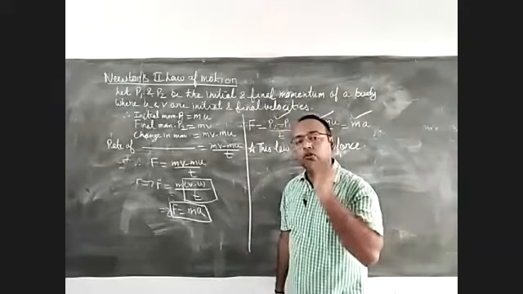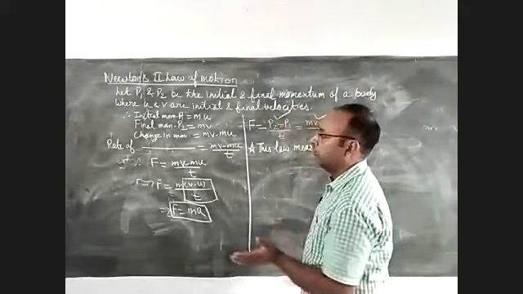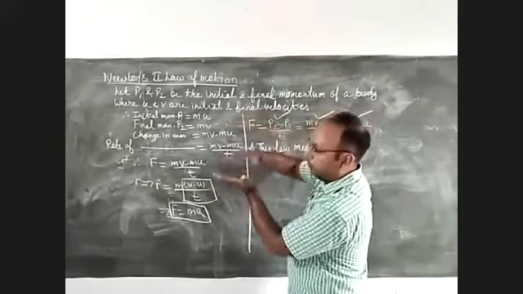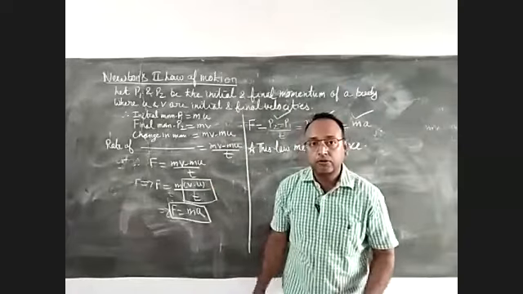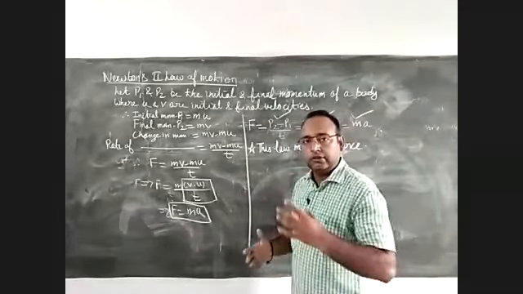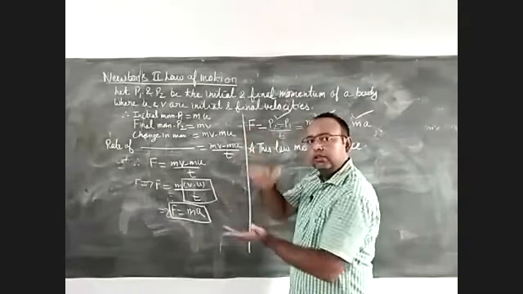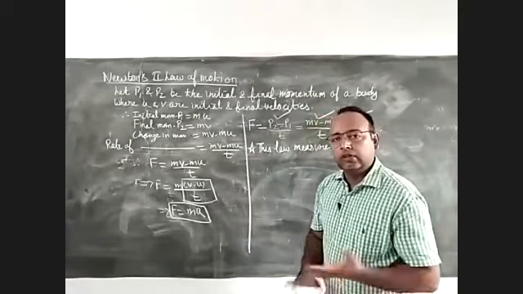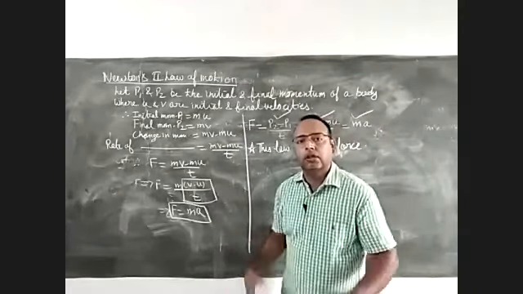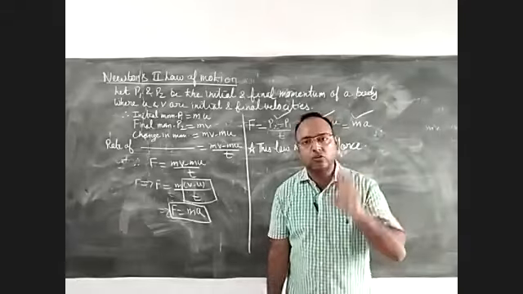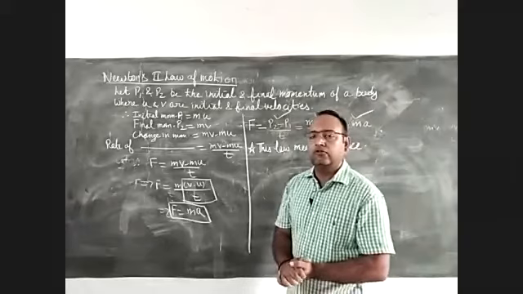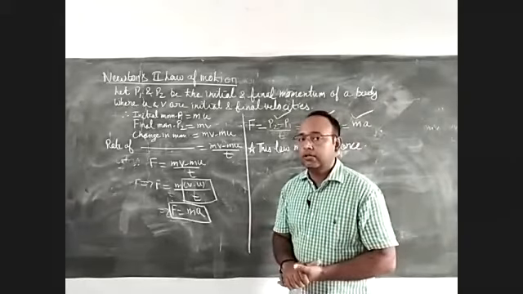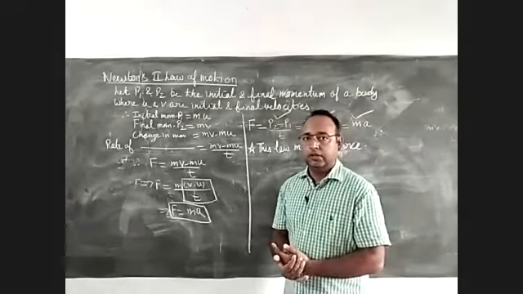But if the shockers are not working properly, or there are no shockers, then when jumping happens, the person may fall down from the scooter also, because a very strong jerk comes, right? So shockers protect us from falling down, or keep our body in the proper position. So these are the different examples of Newton's second law of motion. You can think about more examples and share them with me. Thank you so much.